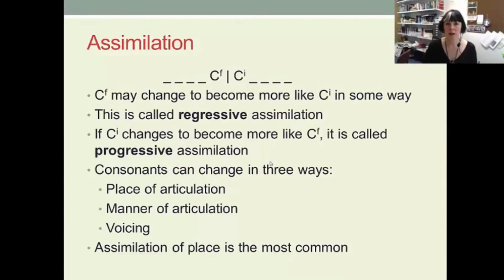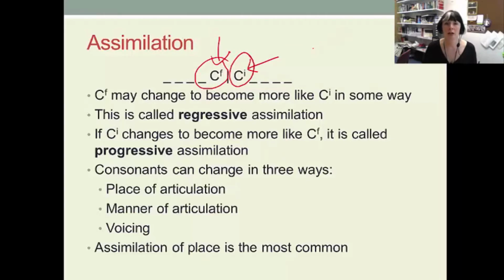If we look at the diagram at the top of this page, we can see that we've got word boundaries indicated here, and what we have is a final consonant at the word boundary and then an initial consonant at the beginning of the next word. The final consonant can change to become more like the initial consonant of the next word in some way.